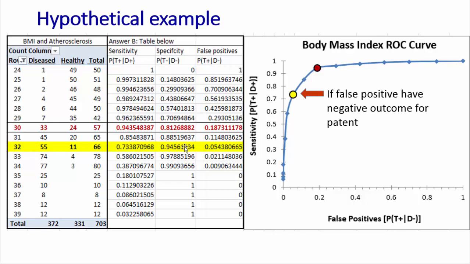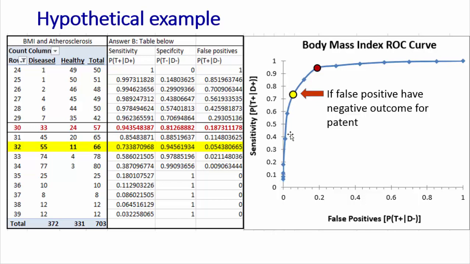Now, which one of these data points should we use as our cutoff? That's really dependent on the implication of a false positive. If a false positive has a deleterious effect on the patient, in other words, if you're going to harm your patient by doing an invasive procedure, your specificity is more important than your sensitivity, in which case we would probably use this yellow dot as our cutoff.